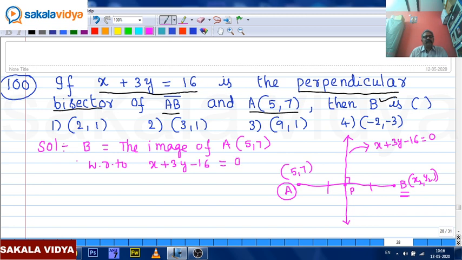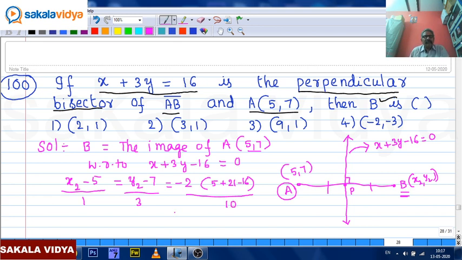Now we need to find B. Formula: (x2 minus x1) by a, that is x2 minus 5 by 1, equals (y2 minus y1) by b, that is y2 minus 7 by 3, equals minus 2 times, substitute this point in this, 5 plus 21 minus 16 by 1 square plus 3 square, 1 square is 1, 3 square is 9, 9 plus 1 is 10.